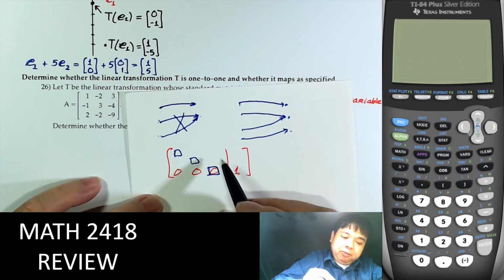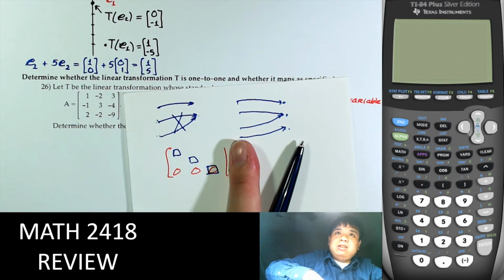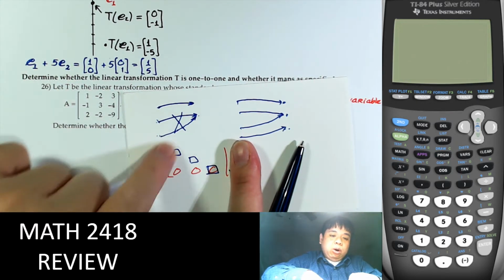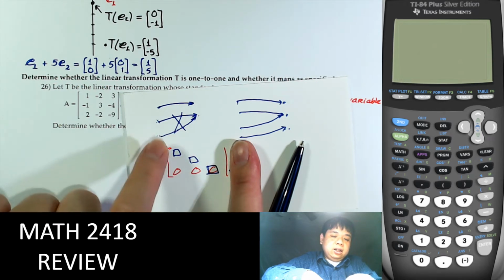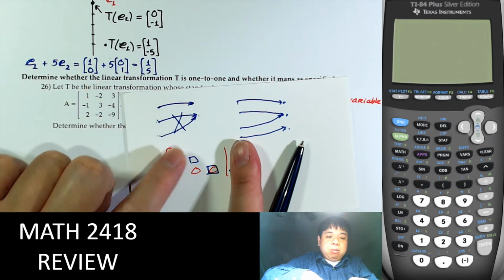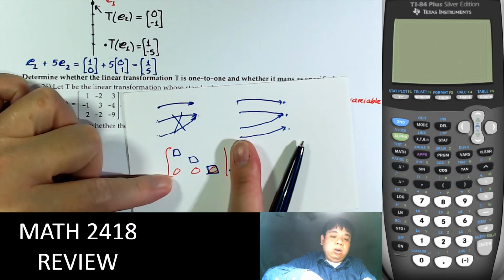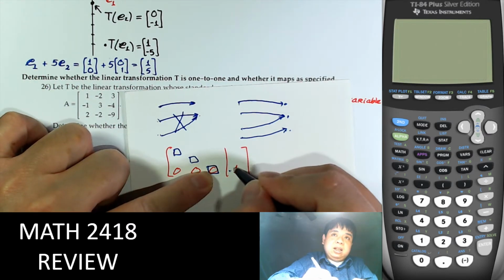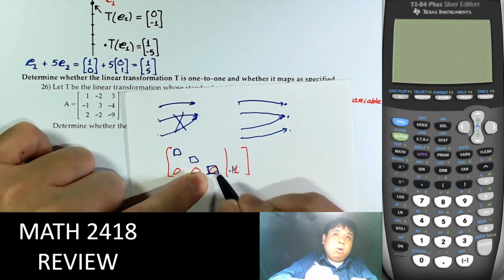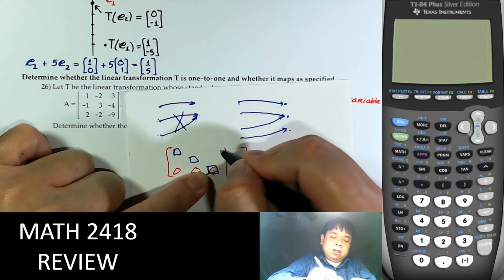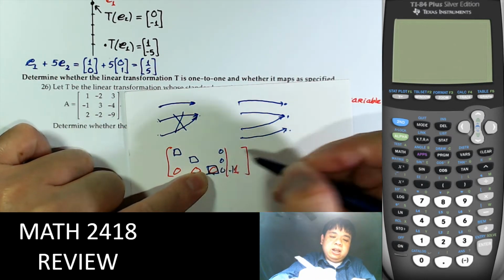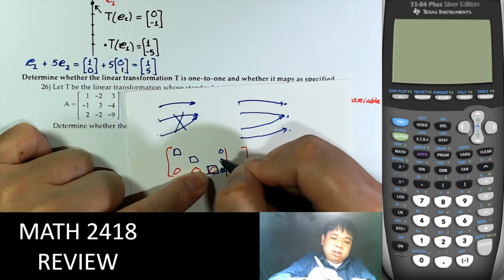Think about that. If we just ignore what we have on the last column, and when we do the operation here, if we have the pivot on every row, then the pivot cannot be in the last column. Of course, we might still have 0, 0 here, or some other numbers.